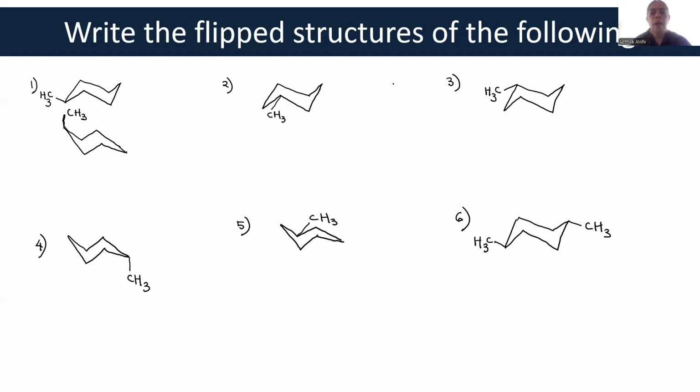Now, while writing a flip structure, what you will do is write a flipped ring first. Then fix the carbon. It will be this carbon, right? This is going to be the carbon. Now, the bond which is pointing downwards remains pointing downwards, but this is an equatorial bond.